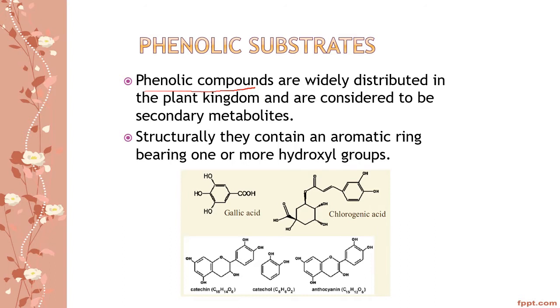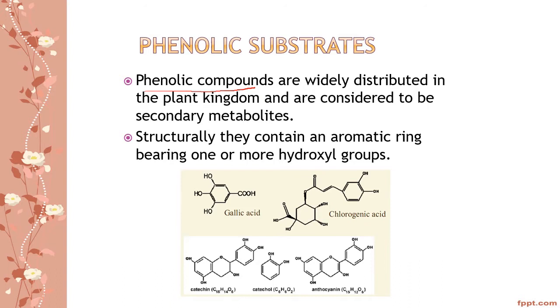That's why when we talk about antioxidants in food, fruit and vegetables normally have lots of antioxidant compounds, because they have lots of phenolic compounds. These are some of the phenolic compounds that can be found in vegetables and fruits.